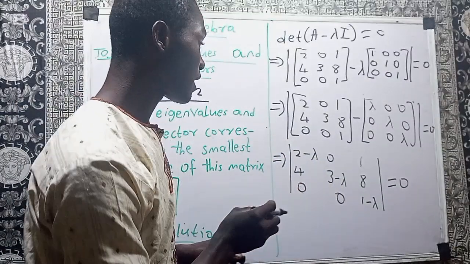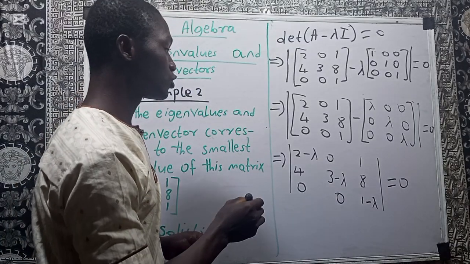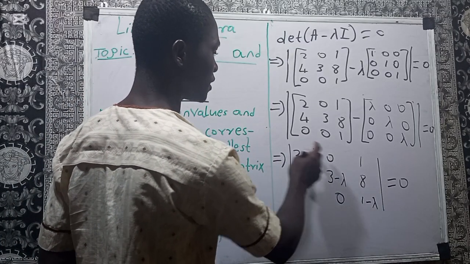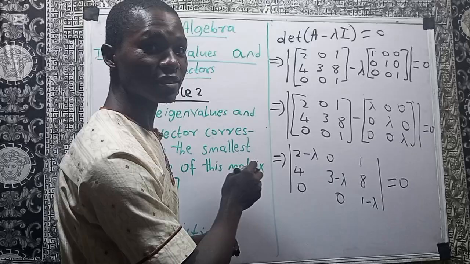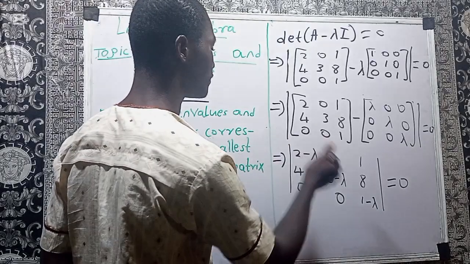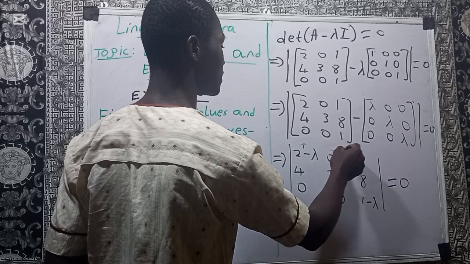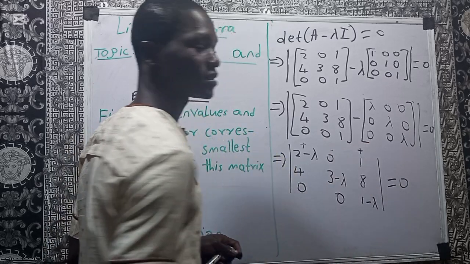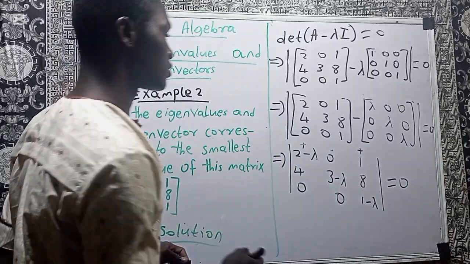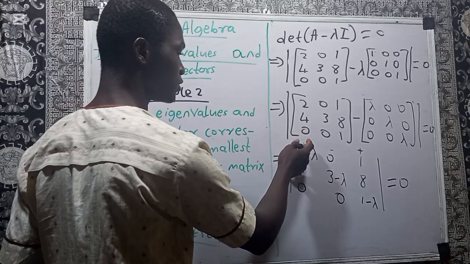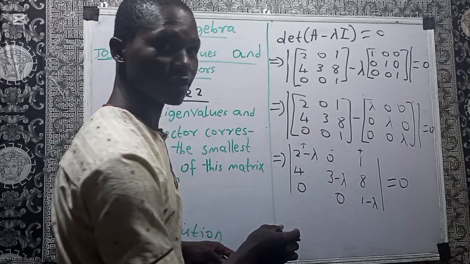We want to find the determinant of it. So you should know that, let us follow the first row. If you follow the first row, we are going to have positive, negative, positive as the signs, right?